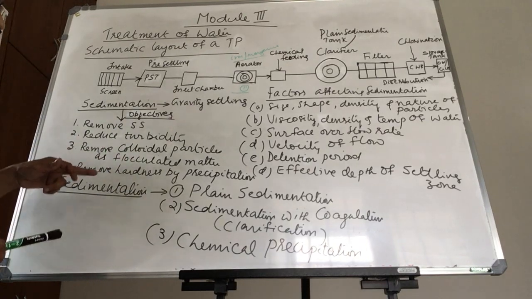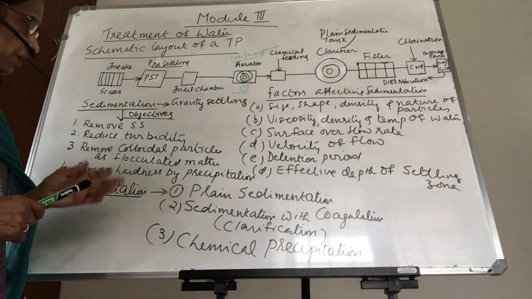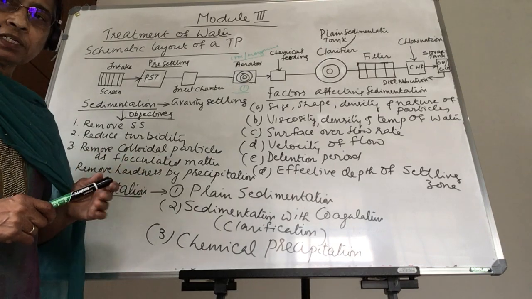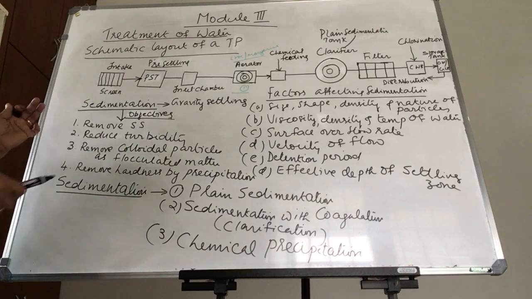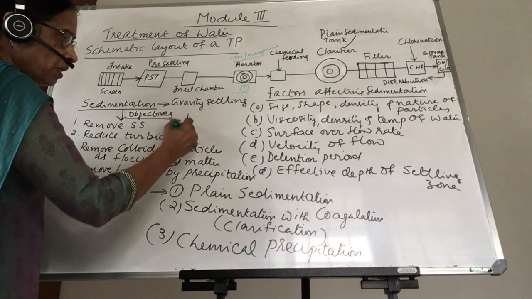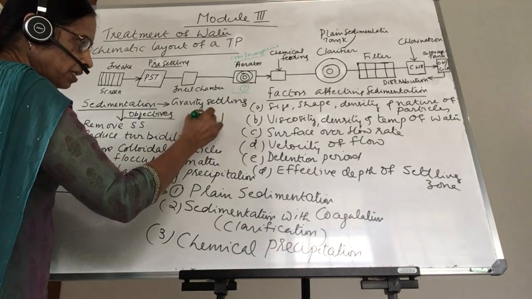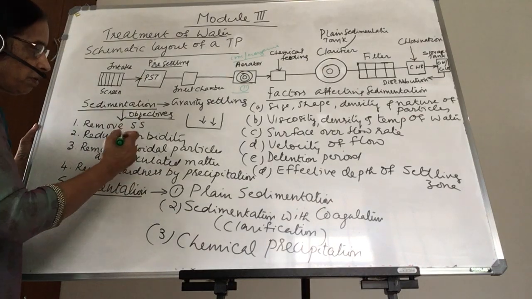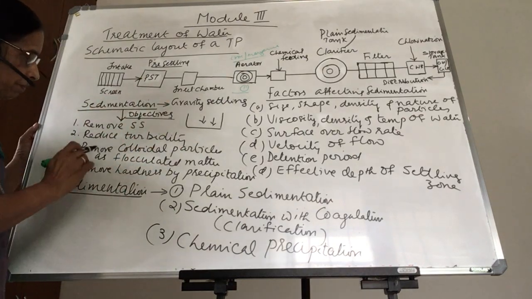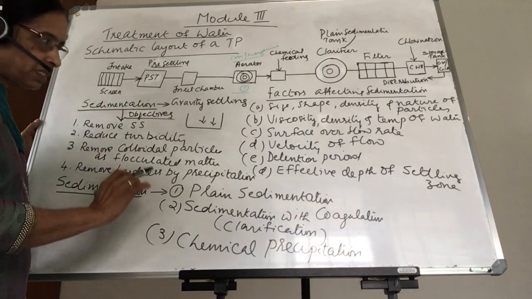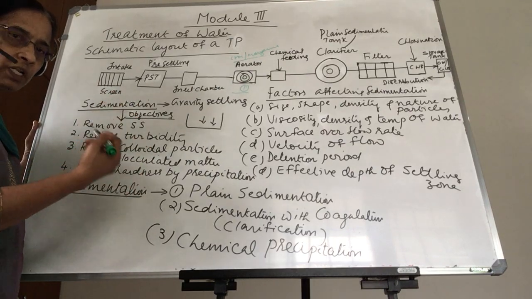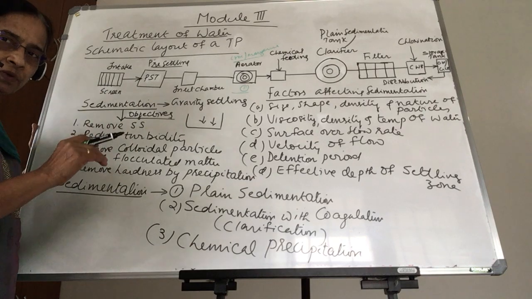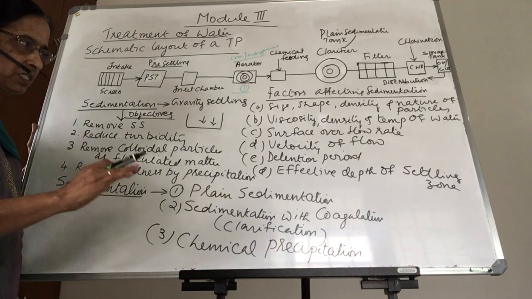The third one is to remove the colloidal particles as flocculated matter. If the particles are settlable, or freely settling, then they can be removed by plain sedimentation. But if they are not settlable, how can the colloidal particles be removed, since we know colloidal particles are not settlable at all?